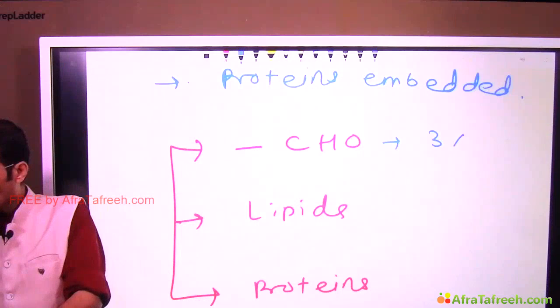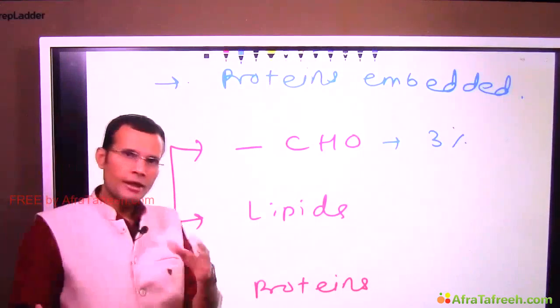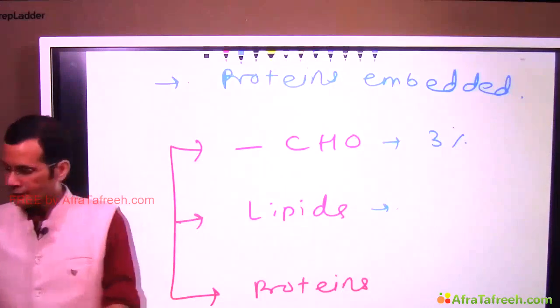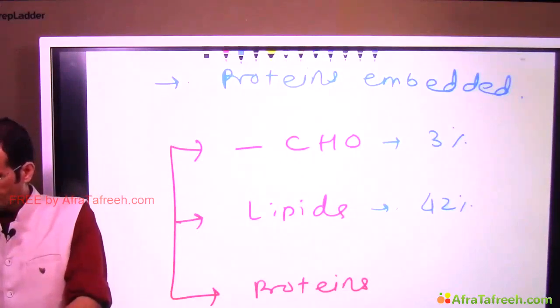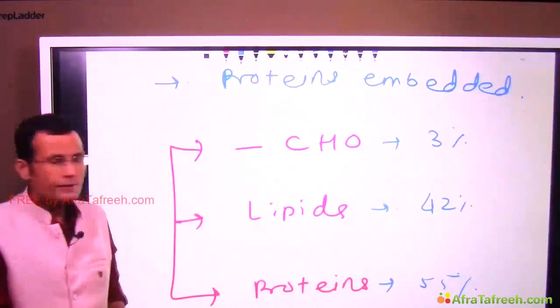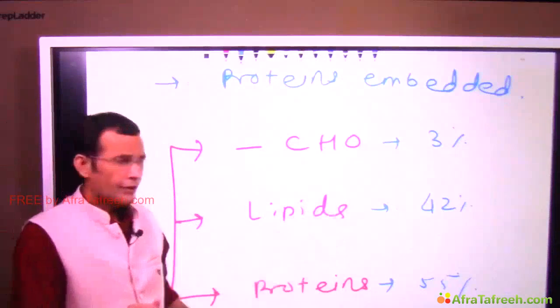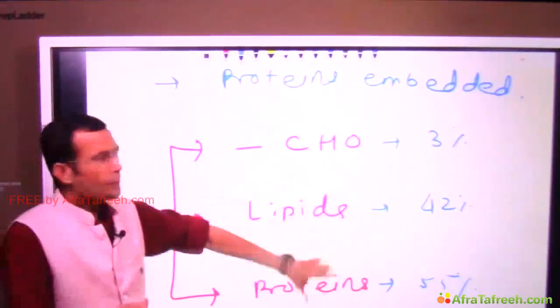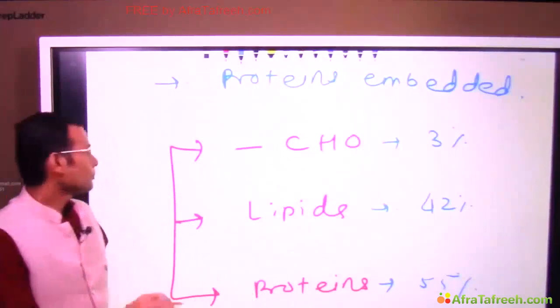Carbohydrates occupy 3% surface area of the cell membrane. Lipids 42%, proteins 50 to 55%. There is an approximate range for these values, but that's the proportion of these three constituents.